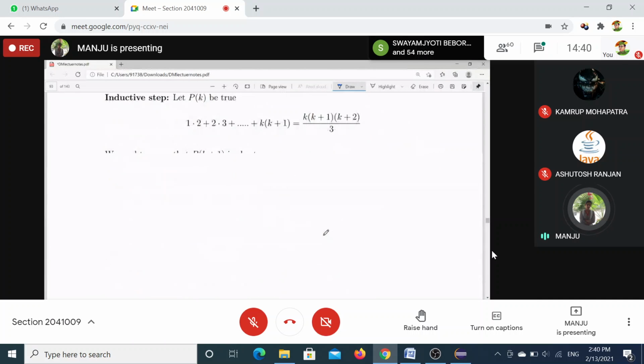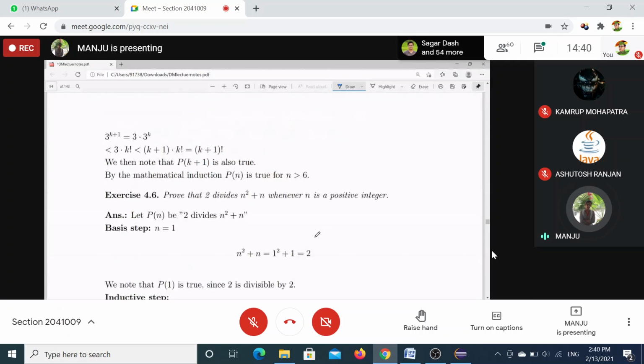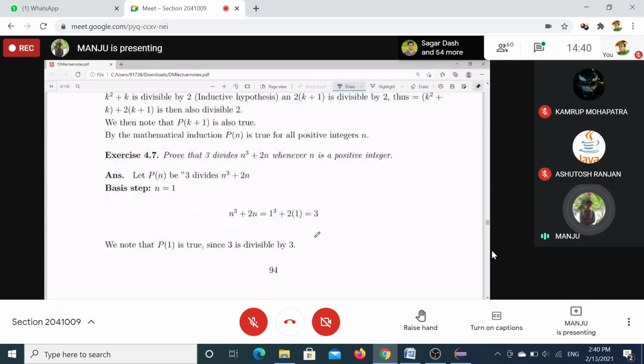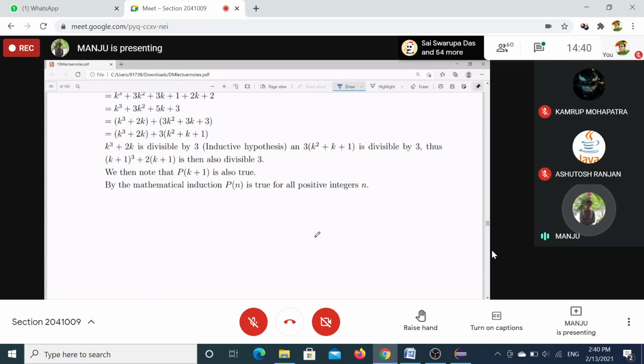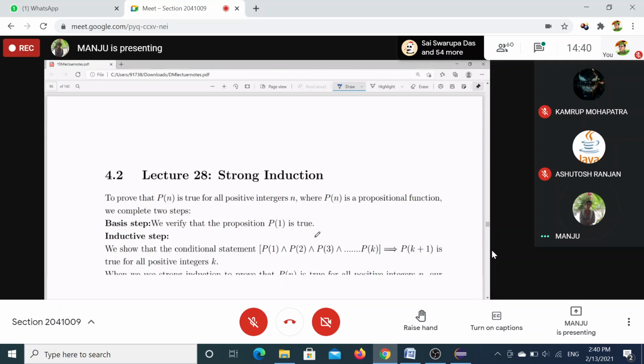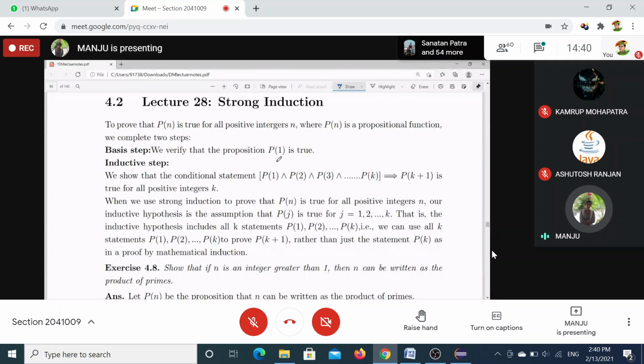Then strong induction. In the first principle of mathematical induction, you assume only Pk. But in strong induction, you assume up to Pk. Suppose it starts with P1. Then P1 is true, P2 is true, P3 is true, and so on, Pk is true. Then show Pk plus 1.